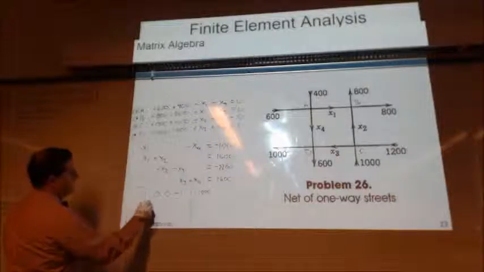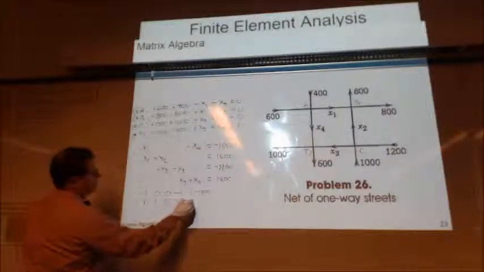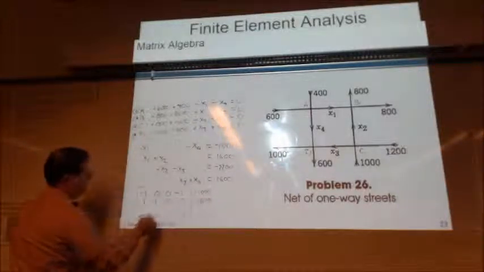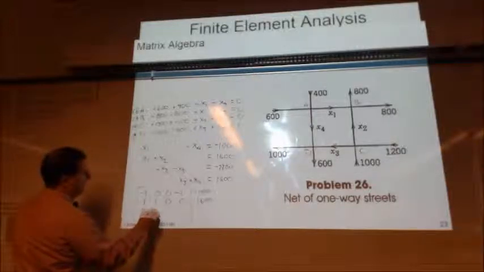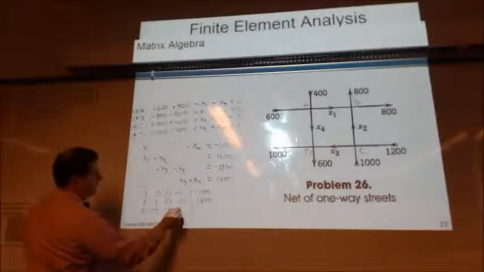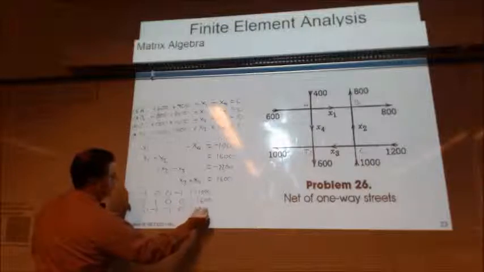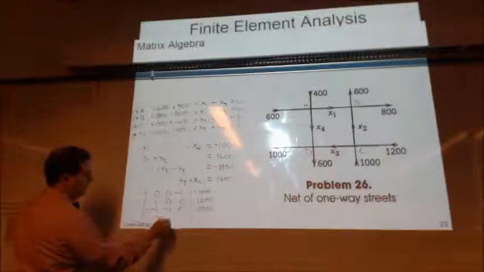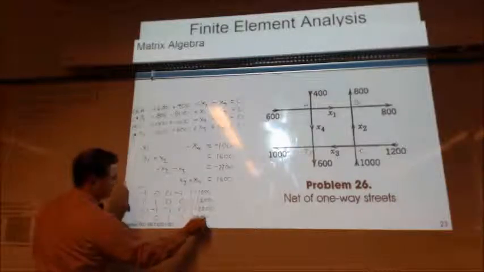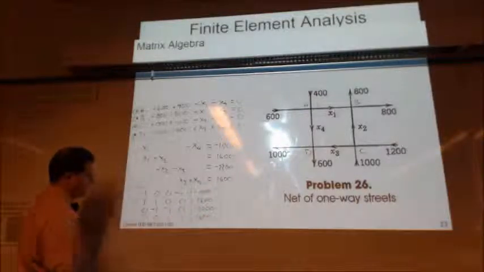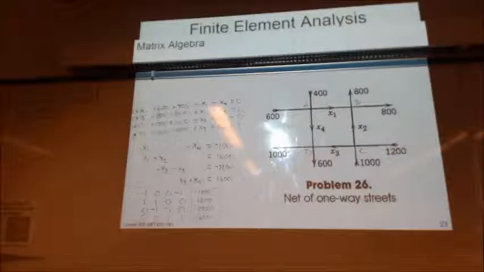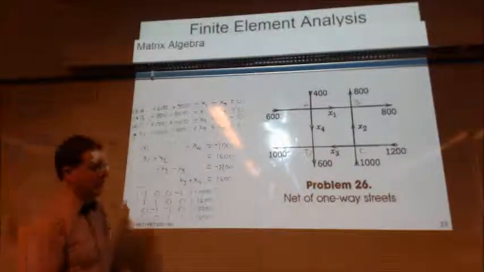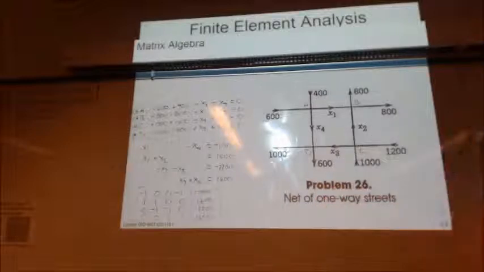So then this is a 1, a 1, a 0, 0, 1,600, 0, minus 1, 0, minus 2,200, 0, 0, 1, 1, 1,600. So there's our matrix. Now we can row reduce it. And what do we end up with?